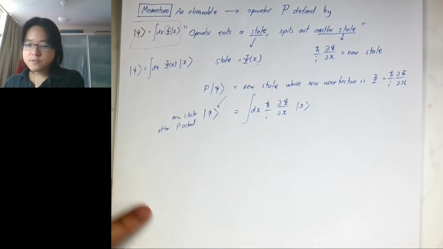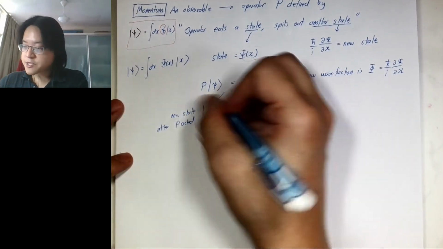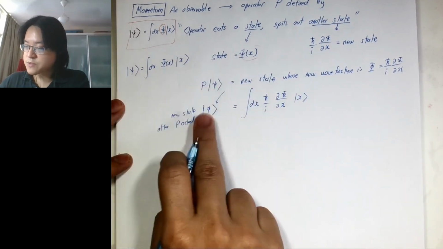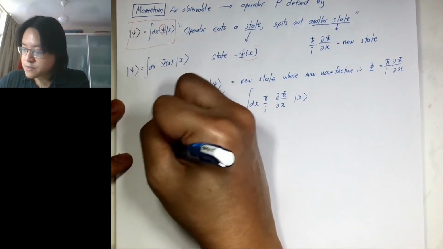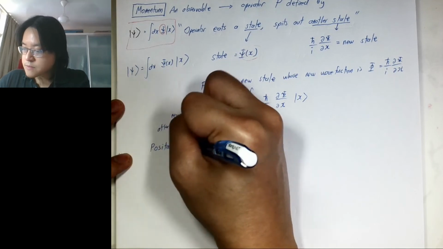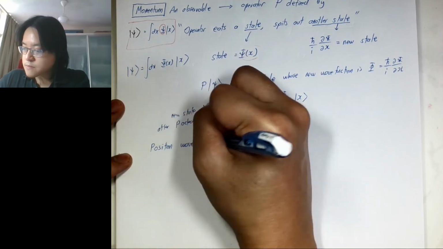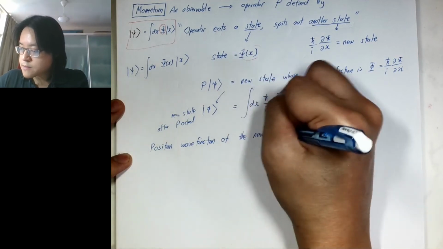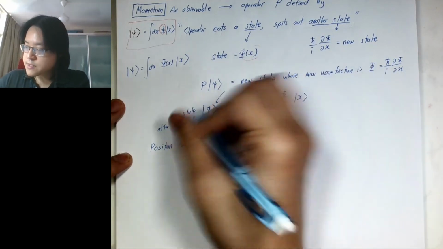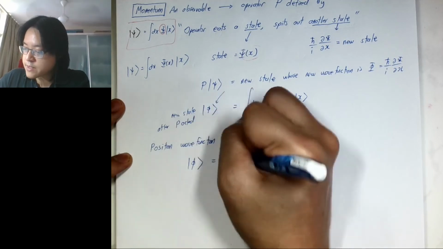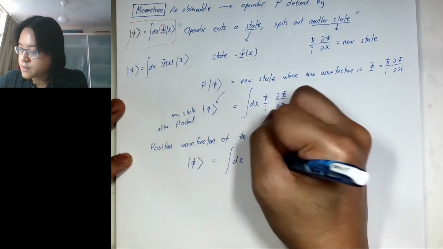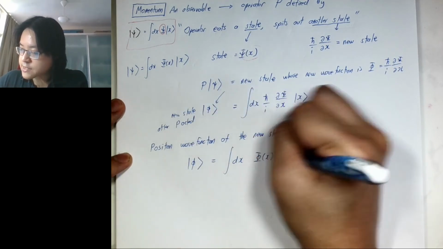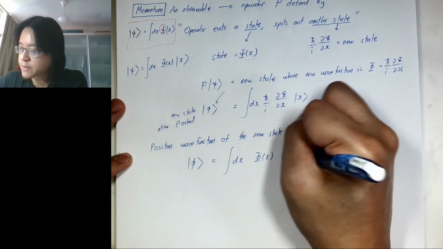Okay, so just to remind you, the position wave function of the new state is supposed to be some function of x and then expanded in terms of this.